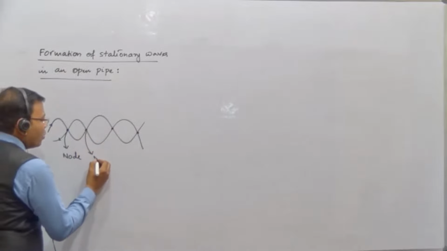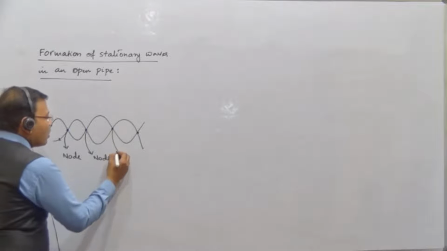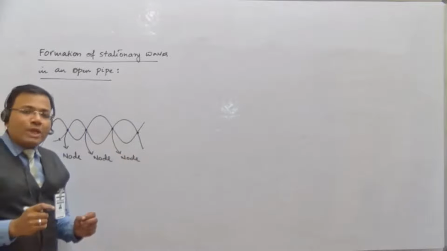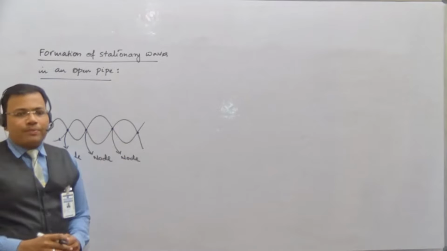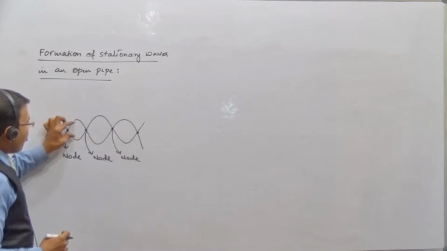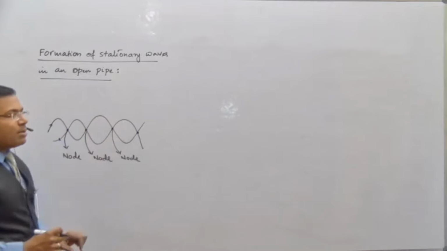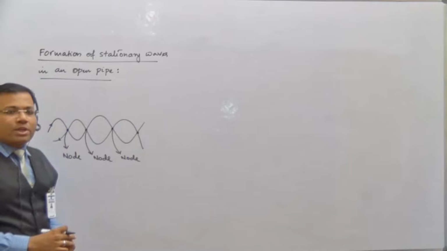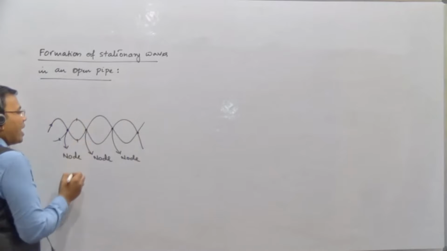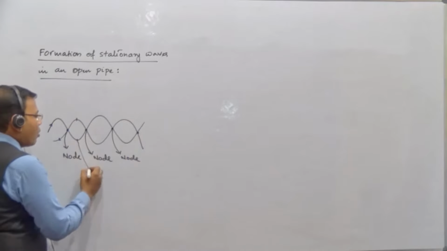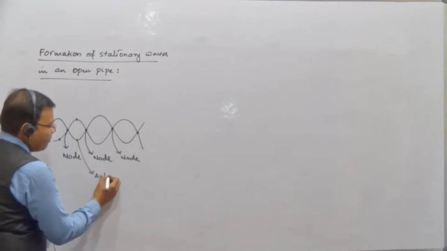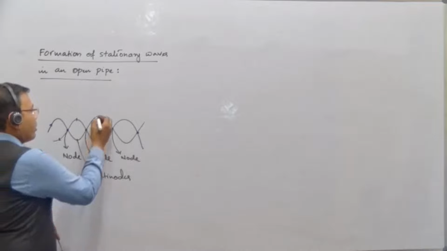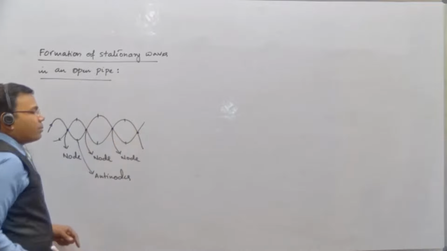This is also a node, and this is also a node. The point where the amplitude is zero is called a node. Now, if I consider the points where the amplitudes are maximum, you can see the amplitudes here are maximum. These points where the amplitudes are maximum are called antinodes.